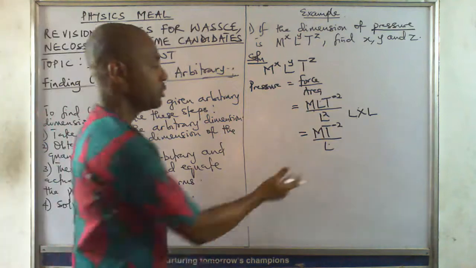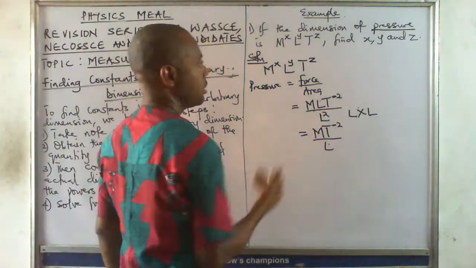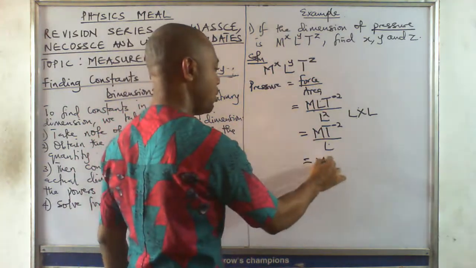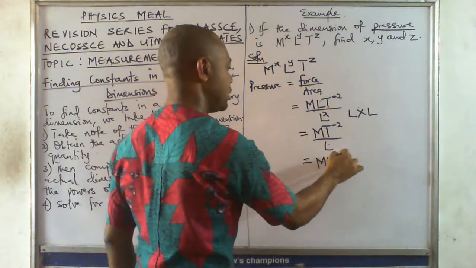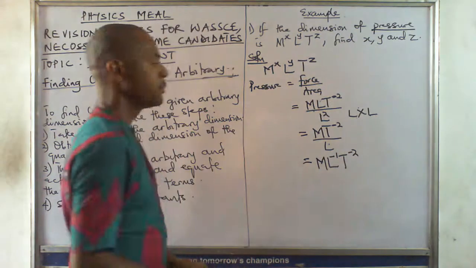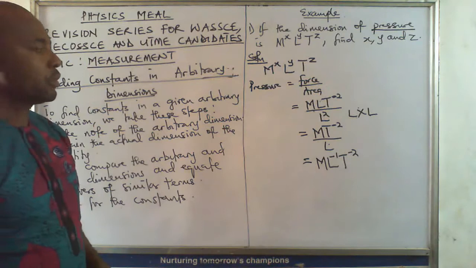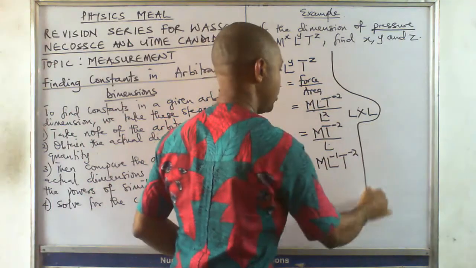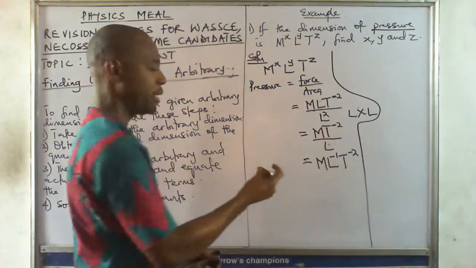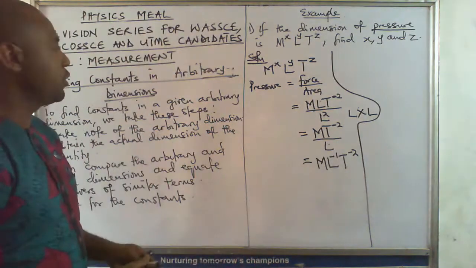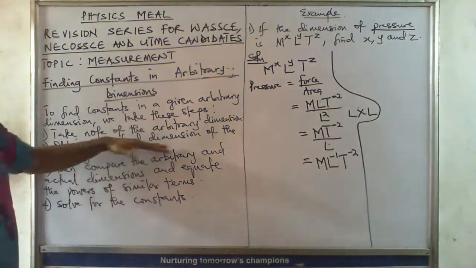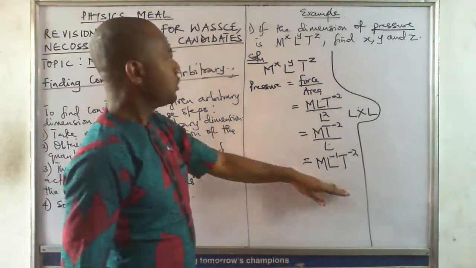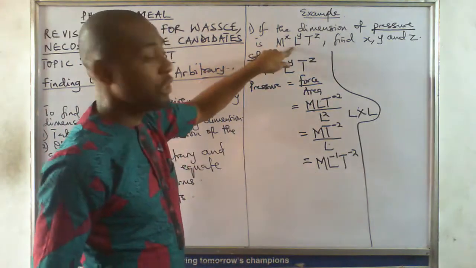If I want to write it in this form, I'm going to have M, L raised to power minus 1, T raised to power minus 2. So M raised to power 1, L raised to power minus 1, then T raised to power minus 2. So we have obtained the actual dimension of the quantity, that's pressure, which is this. So this is the dimension given to us.